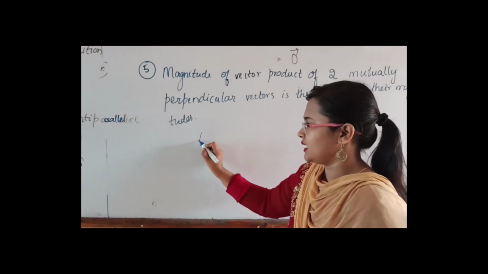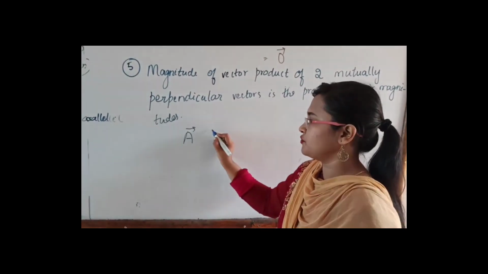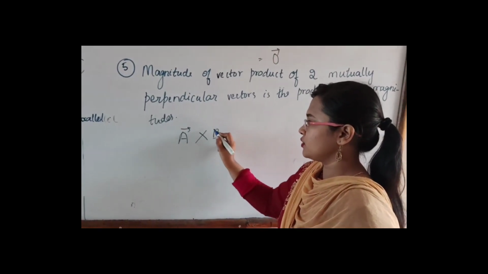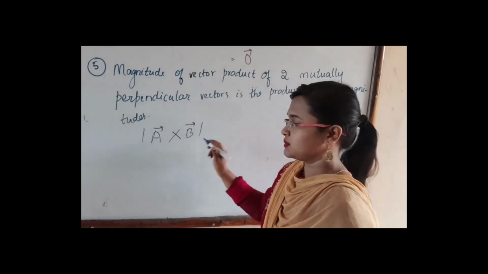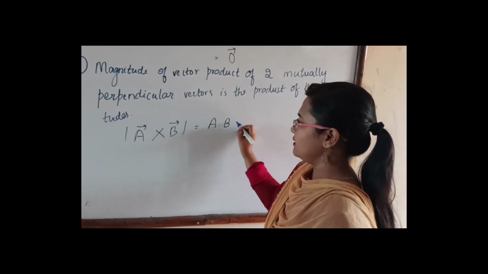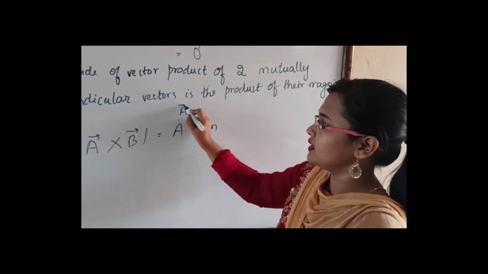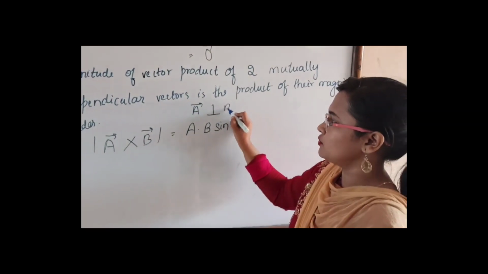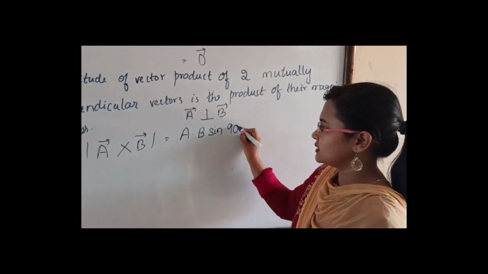Suppose vector A is perpendicular to vector B and I wish to find A cross B. The magnitude of A cross B will be AB sin theta. I already told you that vector A is perpendicular to vector B, so the angle between them is 90 degree.